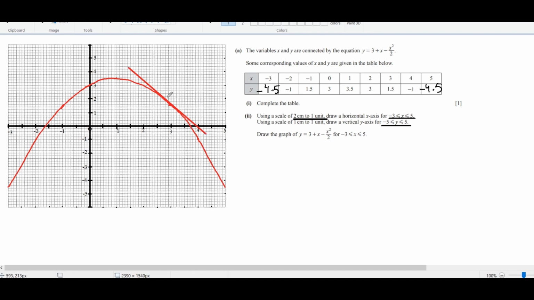One point that I should be certain is on the line is 3, 1.5, because that's the point where I made sure my tangent passed through. So the other point could be 2 and 3.2, let's say.